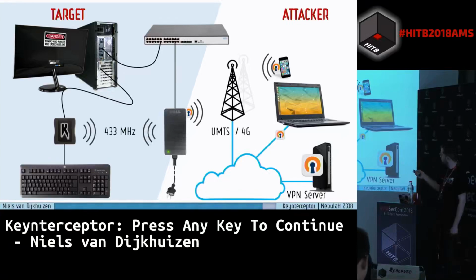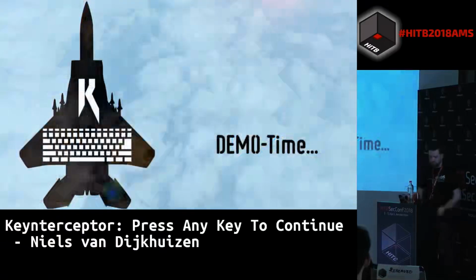The power adapter can also communicate with a VPN server. The VPN server is the hub, so to say, where I can connect with a laptop or with a mobile phone to essentially reach out to the machine, to the companion. And well, let's just show that with a little video to give you an impression.